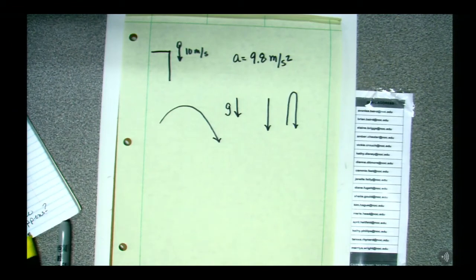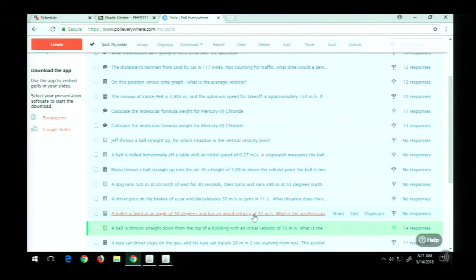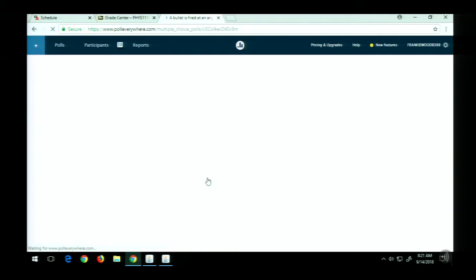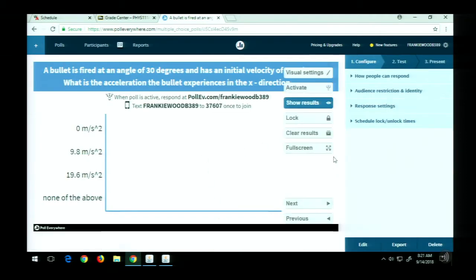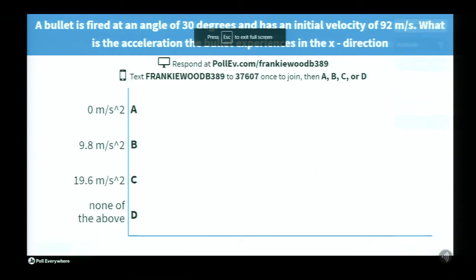Okay, next. Okay, we'll do this one. All right, this one is we've got a bullet fired at an angle of 30 degrees, has an initial velocity of 92 meters per second.